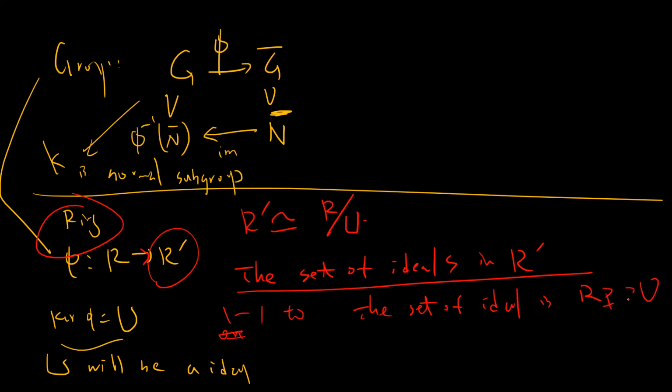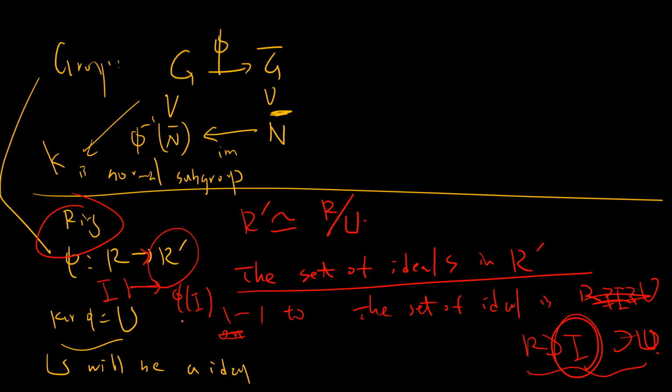So basically, oh sorry, not U, an ideal I. Any ideal between U and R will map to some ideal in R prime. In this direction, we just map I to phi of I. And for the other direction, just consider the pre-image.